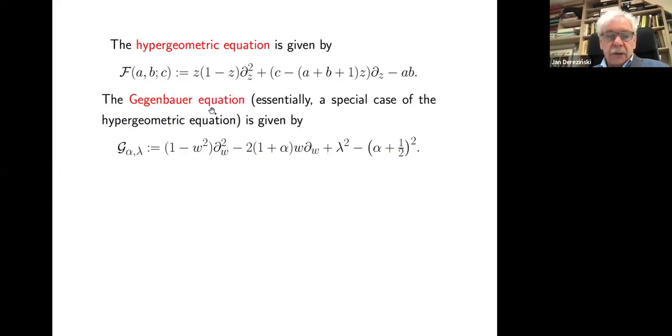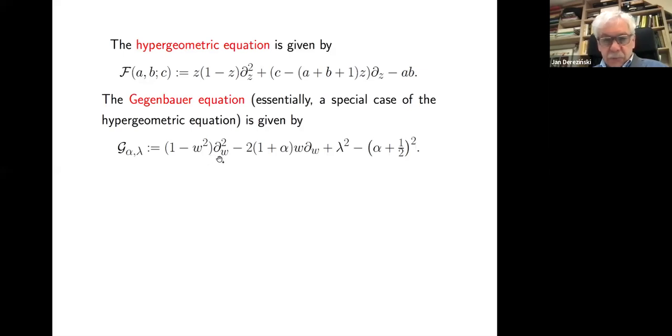In the Gegenbauer equation, you move these singular points to minus 1 and 1. Besides, in the case of the Gegenbauer equation, you have a symmetry.